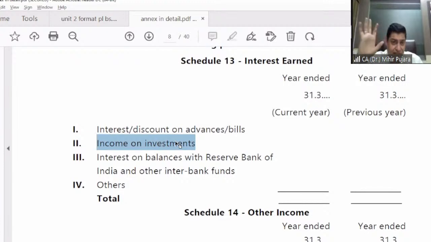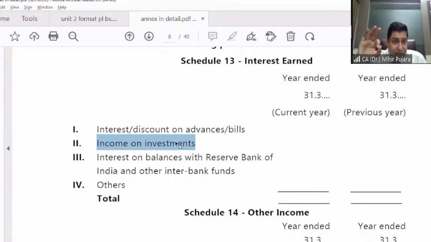So you can write here in 13: all types of interest income, whether on advances or bills, or from RBI or any other bank, are part of 13. Discount is part of 13, and income from investment is also part of 13.